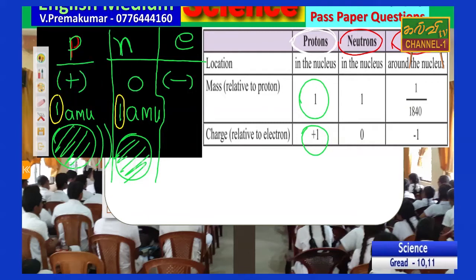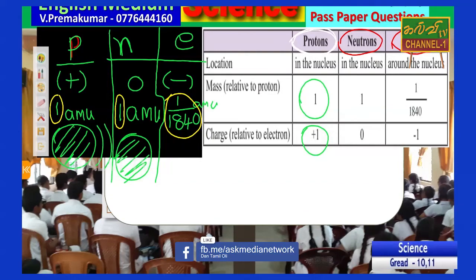When you compare with protons or neutrons, the mass is 1 over 1840 AMU, a very small mass. Compared with the other particles, you can judge the heaviness. Approximately it is 0. When you compare with this 1 and 1, this is very small.